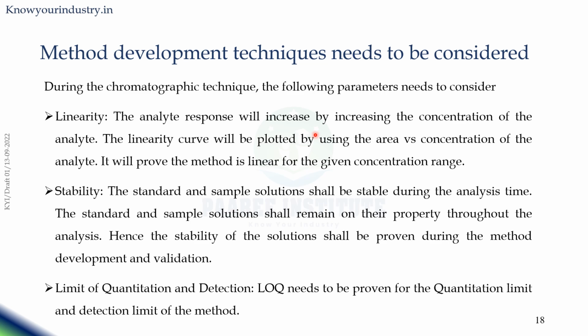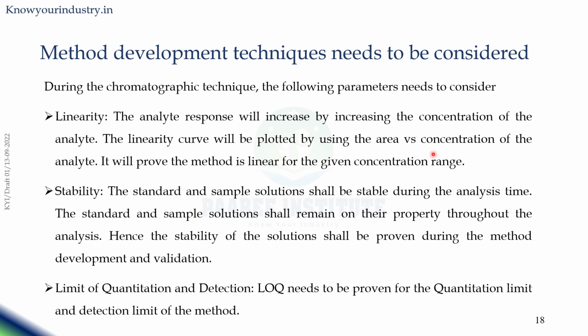This is nothing but the explanation of Beer-Lambert's law, where the absorbance of the light is directly proportional to the concentration of the sample or the analyte. So when you inject 50 mg, 100 mg, 150 mg, 200 mg concentration, it will show the increased peak area for increasing order of the concentration.